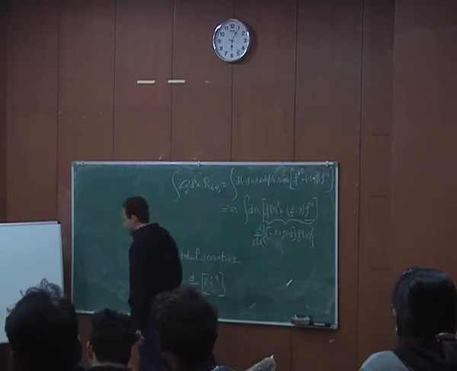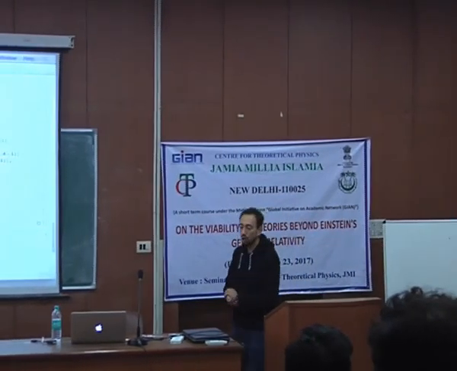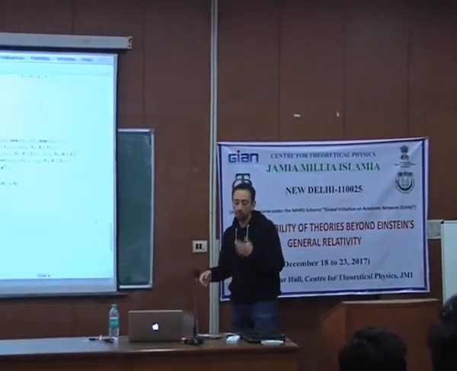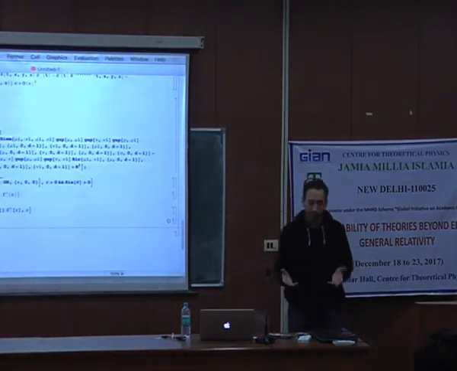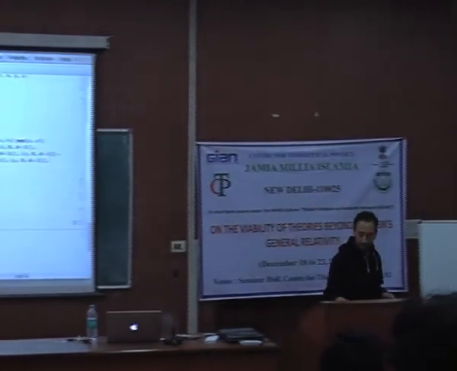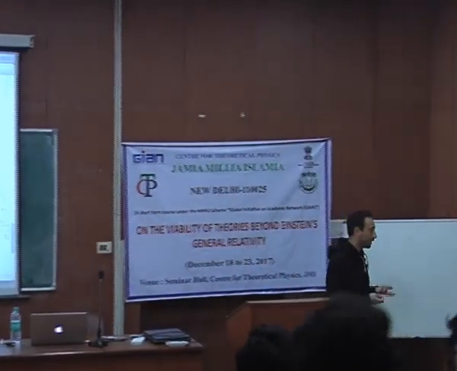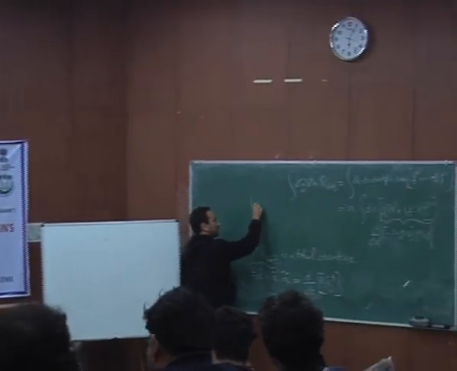And you get only this derivative. So again, it's just a total derivative of something. You can use it for any space-time, repeat that again and again, and you will see that Gauss-Bonnet is always a total derivative.